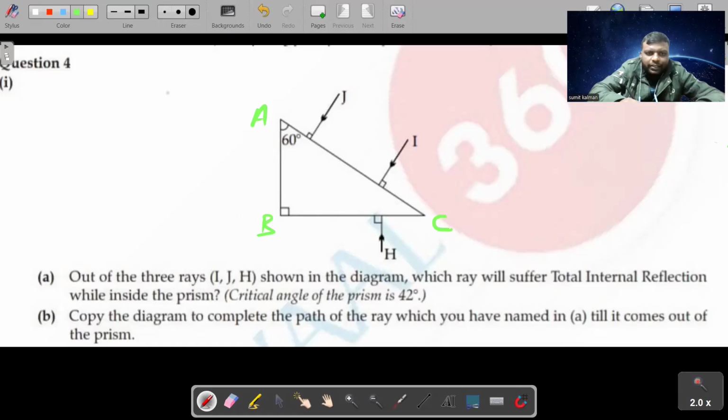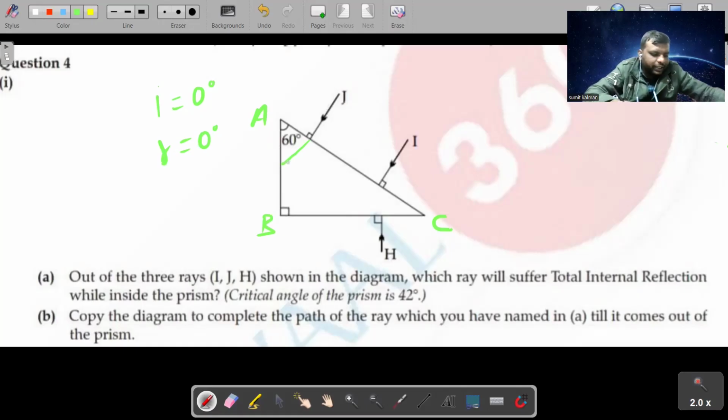So students, here angle of incidence i will be 0 degree. So if i is 0 degree, angle of refraction will also be 0 degree. So this ray will pass undeviated and it will strike on the face AB of the prism.